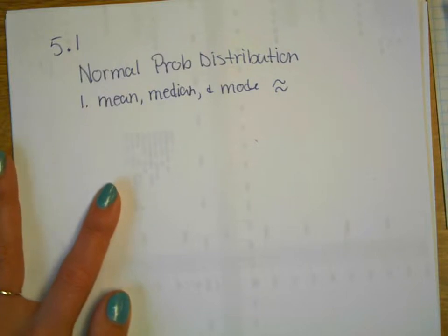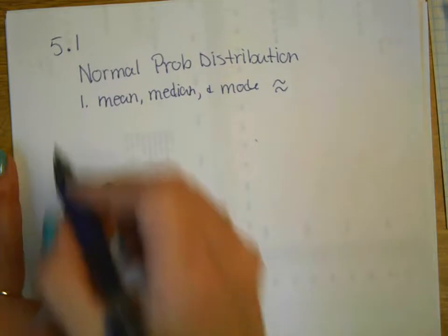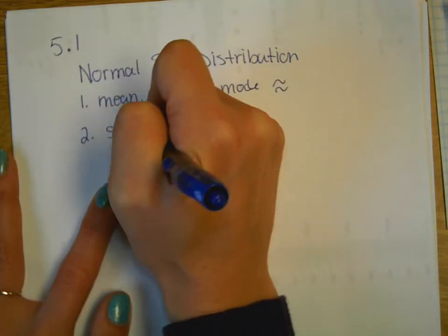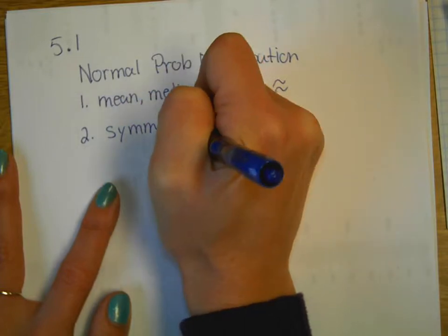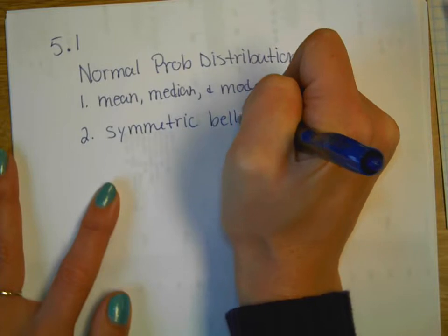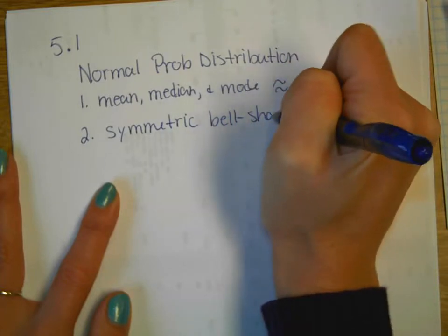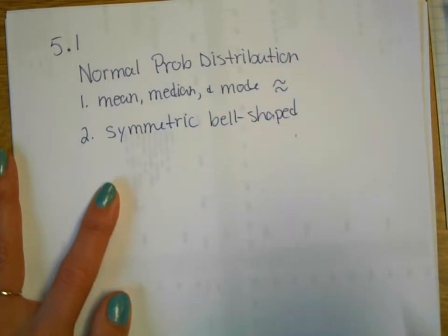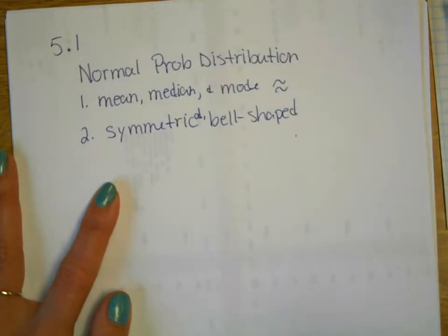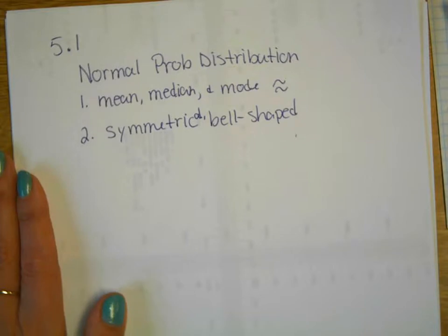They don't have to be right on the dime the same number, they just got to be really close to each other. This is a symmetrical, bell-shaped distribution. Oh, symmetrical and bell-shaped. We're going to draw it in a minute.